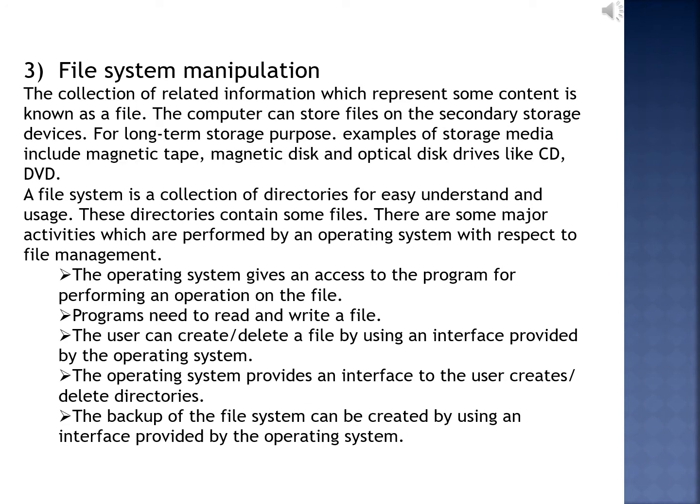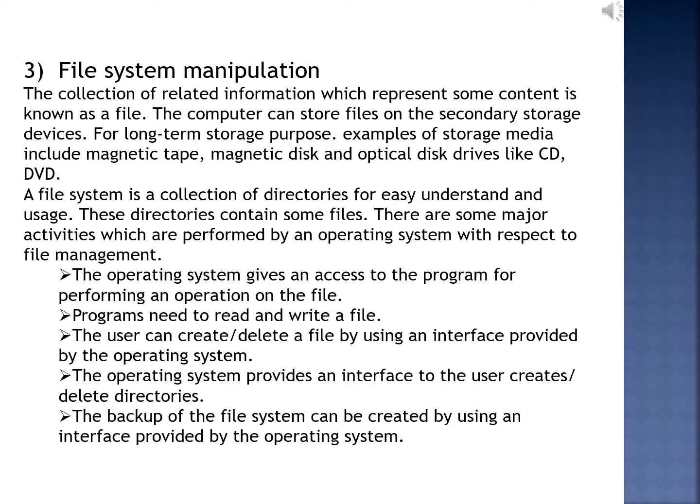And the next one is file system manipulation. A collection of related information which represents some content is known as a file. The computer can store files on secondary storage devices for long-term storage purposes.